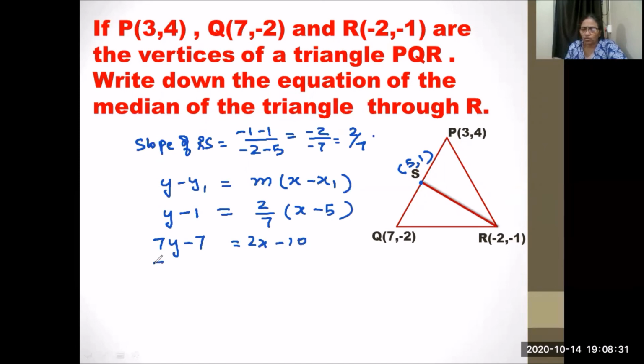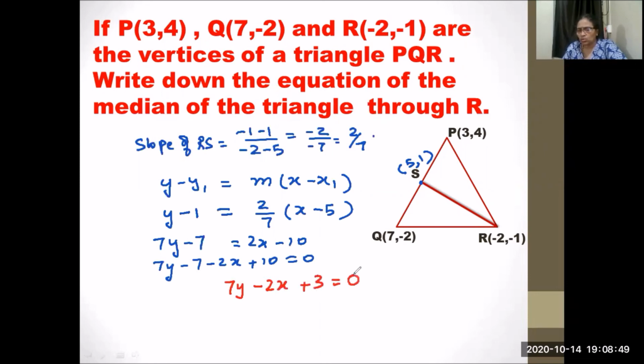Bring everything to one side: 7y minus 7 minus 2x plus 10. So the equation would be 7y minus 2x plus 3 is equal to 0, the required equation of the median through R.